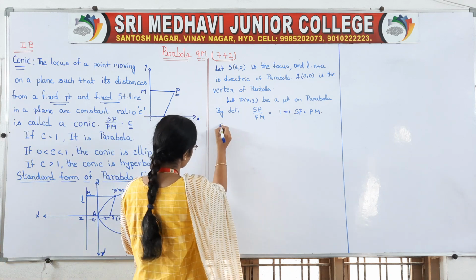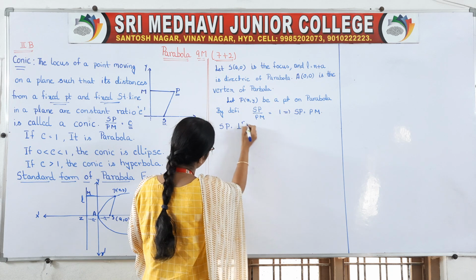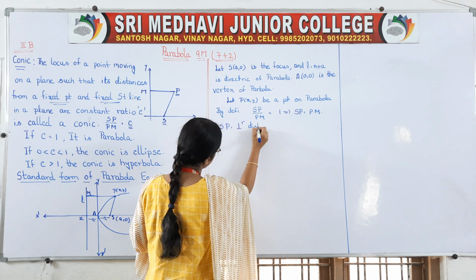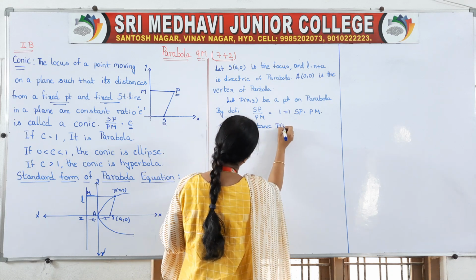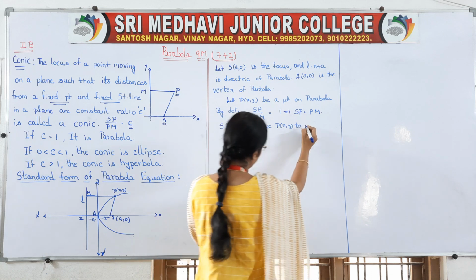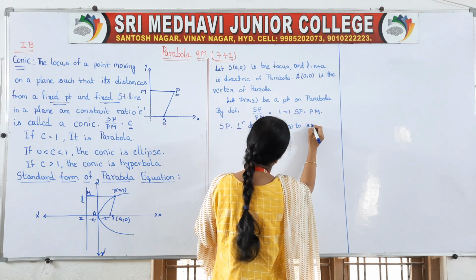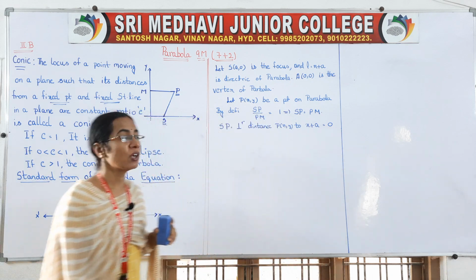So SP is equal to PM, the perpendicular distance from P (x, y) to which line? What is that line? x plus a is equal to 0.